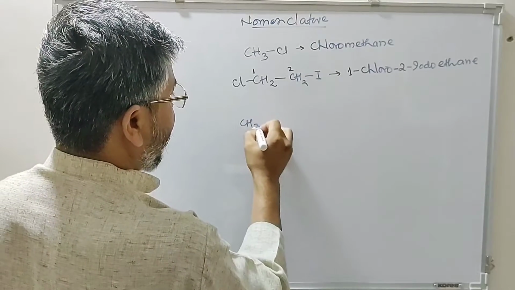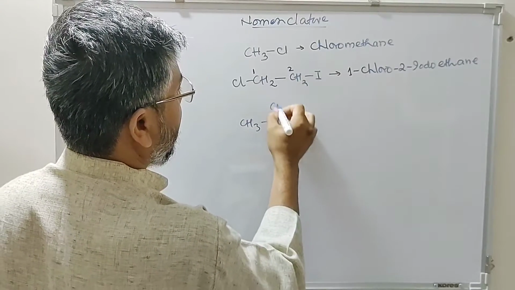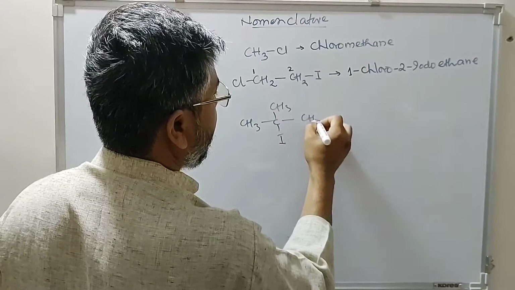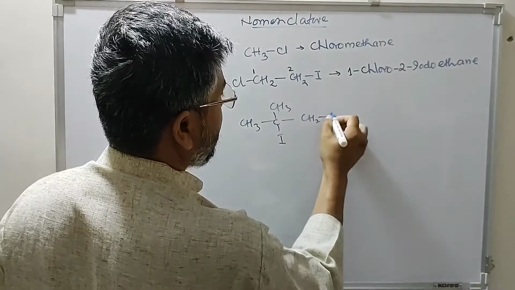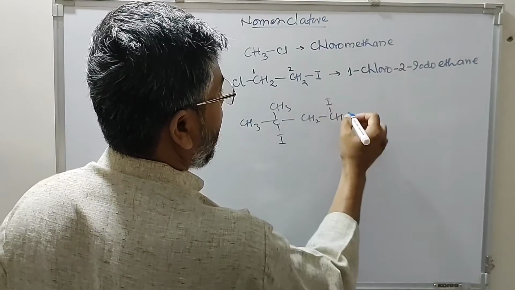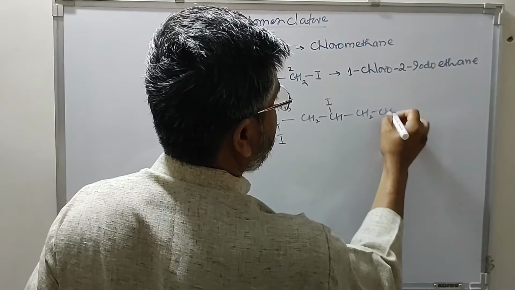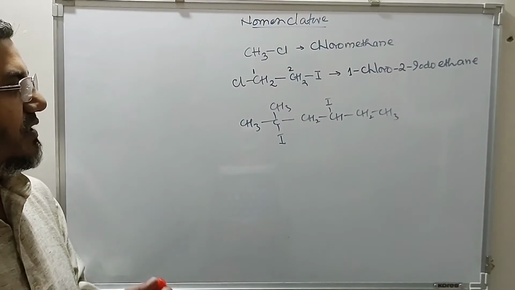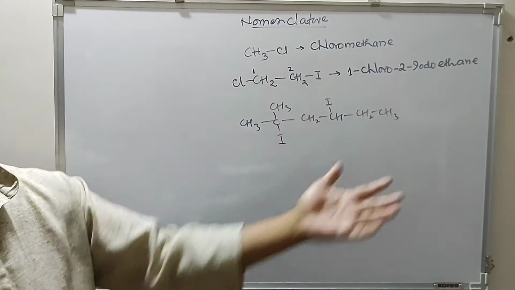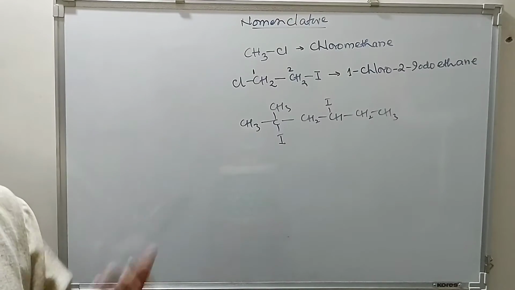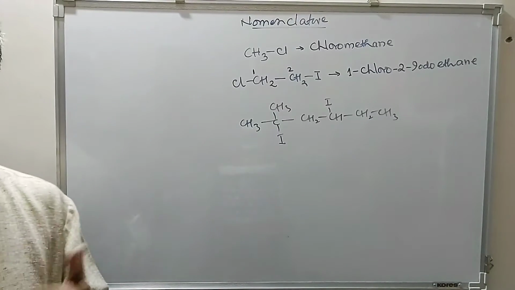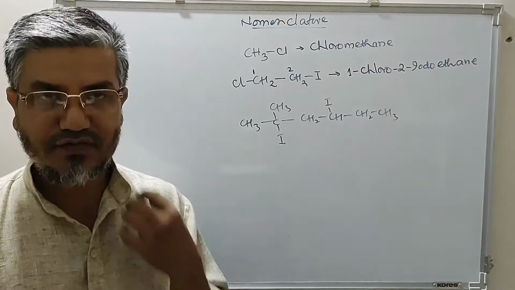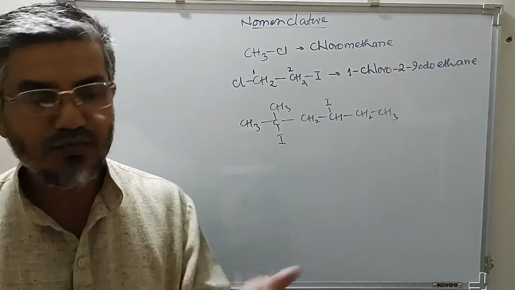Similarly, look at this, CH3, CH3, take this I, CH2, CHI, CH2, CH3. Now we have iodine and methyl as substituents in different positions. In such a case, we'll take the help of the lowest locant rule. That means the sum of the locations of the substituents should be the lowest possible.